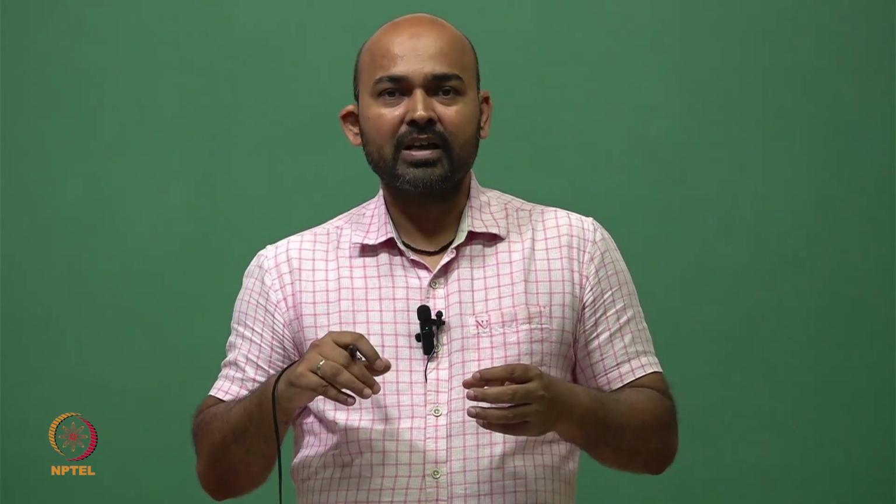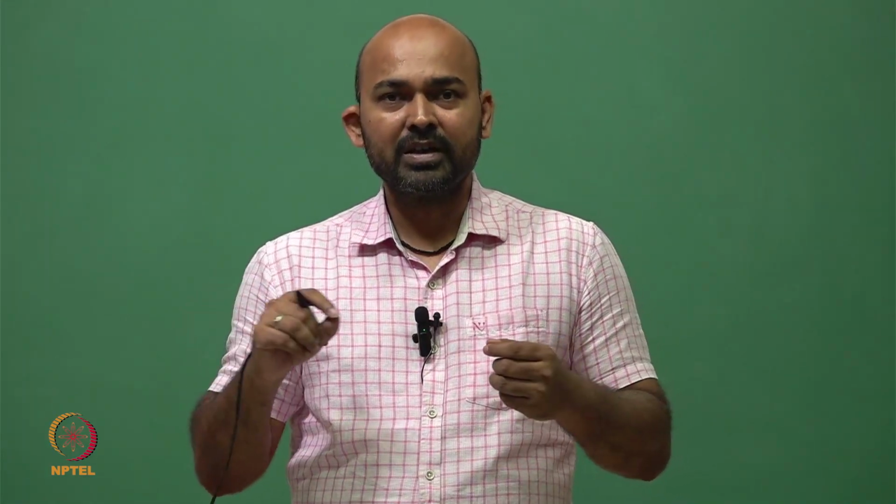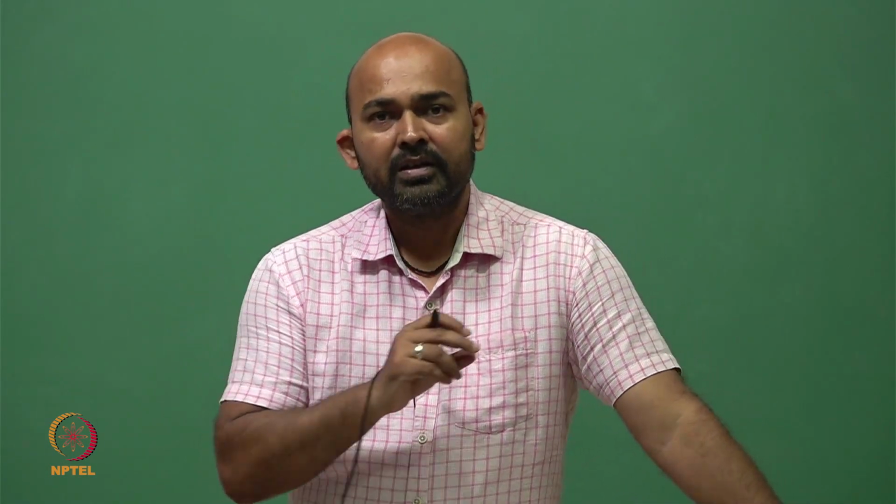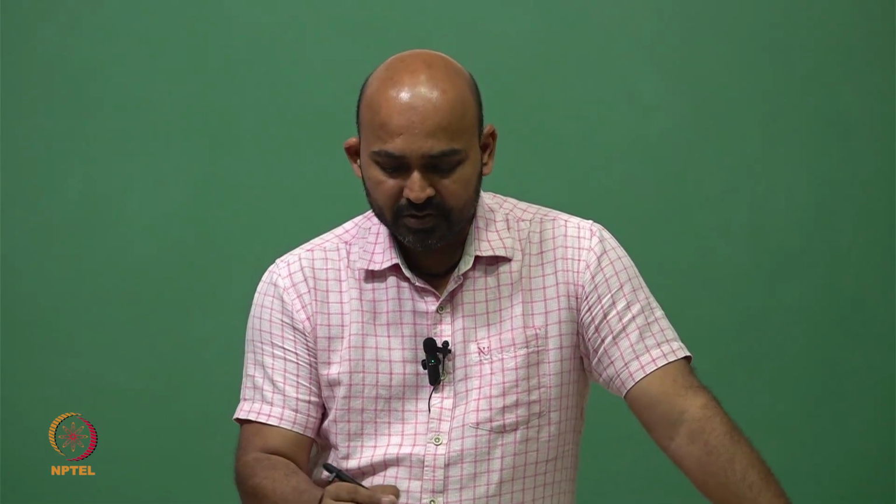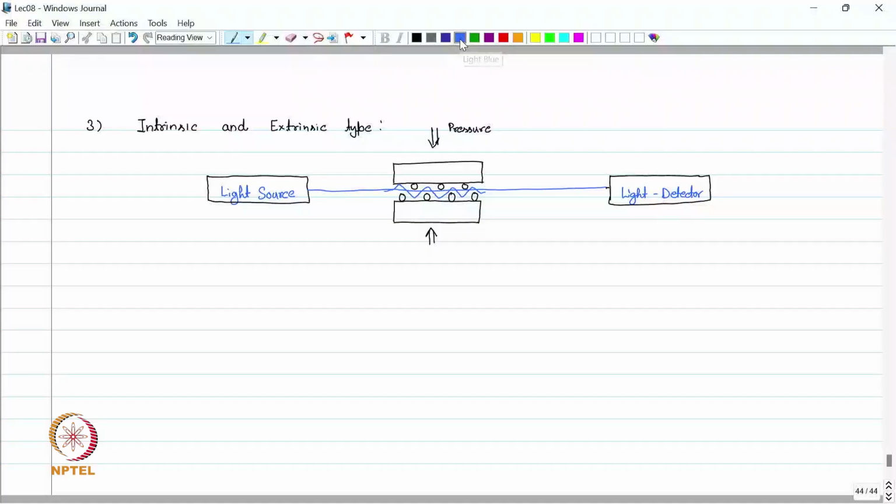So it's called intrinsic type, and this optical fiber remains uncut from the source to the destination. This is called intrinsic type, where the light travels inside the optical fiber.